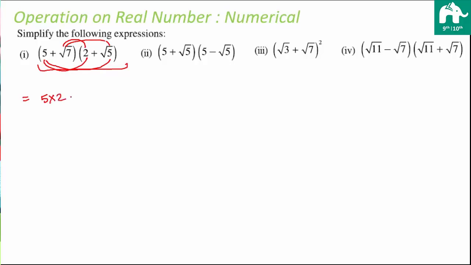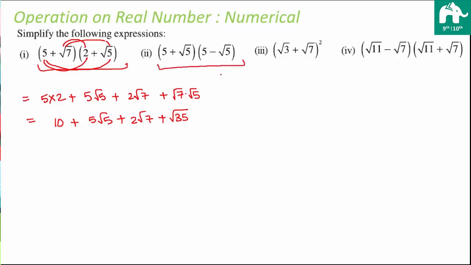So this will be equal to 10 plus 5 root 5 plus 2 root 7 plus root 35. This would be the answer.